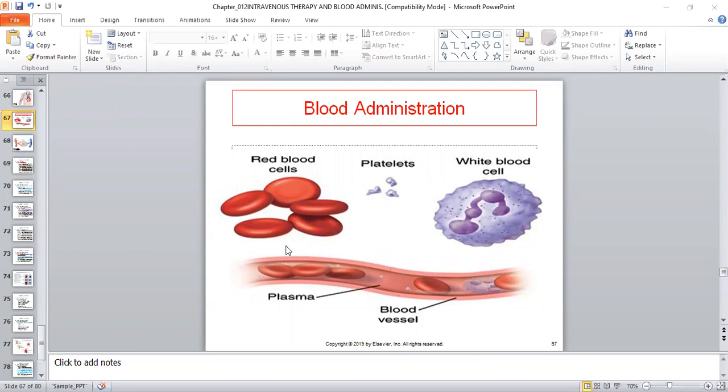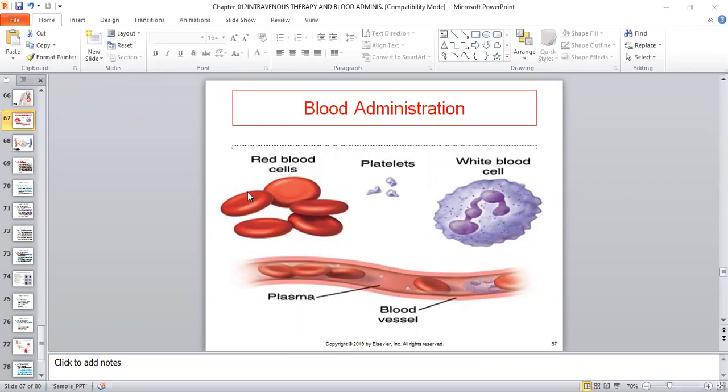So if a patient needs the blood transfusion, basically we give fresh blood that contains red blood cell, platelet, and white blood cell.